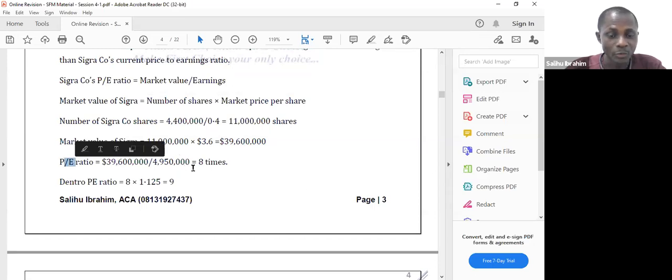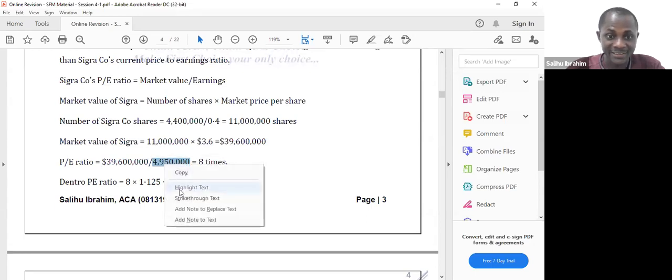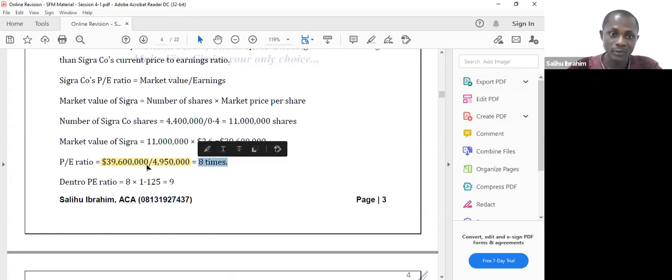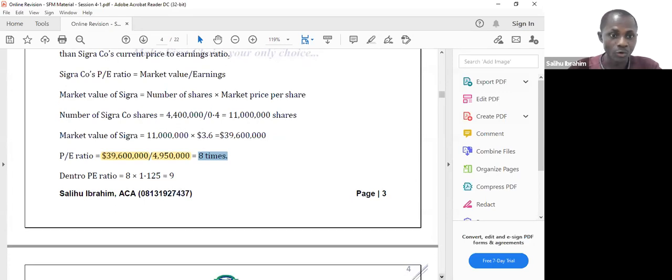The price earnings ratio is now 8, which is the total market price over the earnings per share, which is total earnings. We use total in this case. Total market value over total earnings will give you 8. Market price per share over earnings per share will still give you that same 8. You understand? So whether you use the total or per unit, you are still getting the same figure.